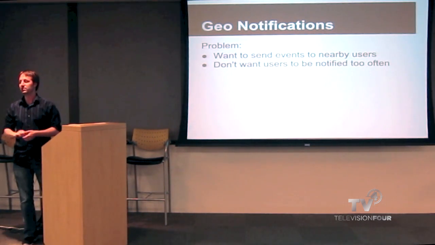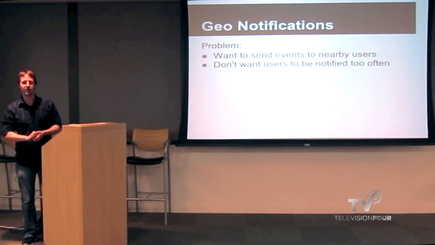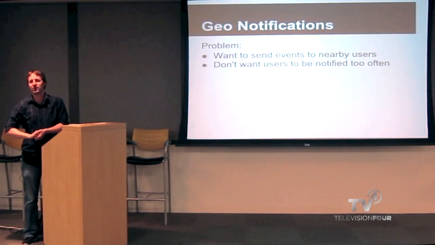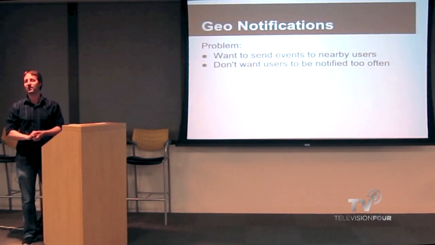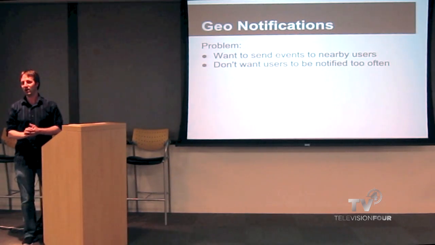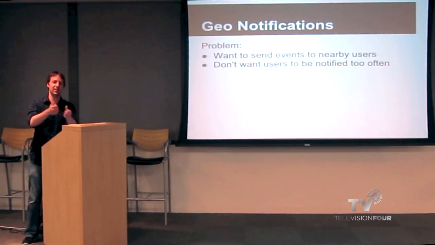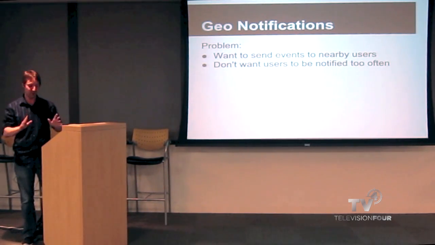But we don't want users to be notified too often. The last thing you want is for a user who's walking by a store or a sports event to be notified 1,000 times as they're walking by the sports event. Hey, I love this game, whatever. You don't need that. You don't want that.